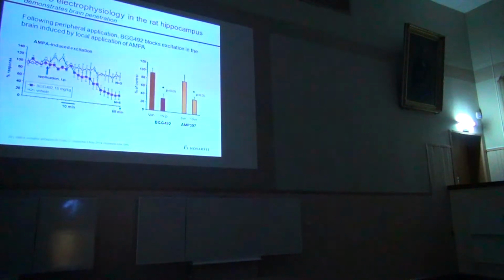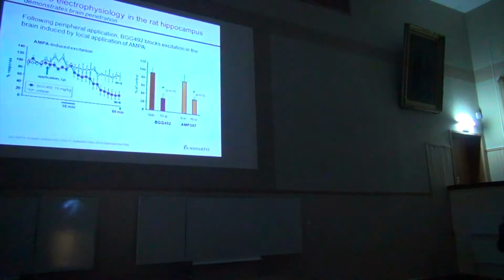This is an electrophysiology experiment with rats that are implanted with multi-barrel electrodes that are used for two purposes. One is to measure the activity of the neuron, and the second one is to use the electrode to inject AMPA directly into the brain at the point where we measure the activity.